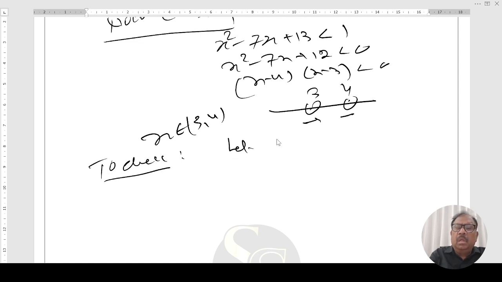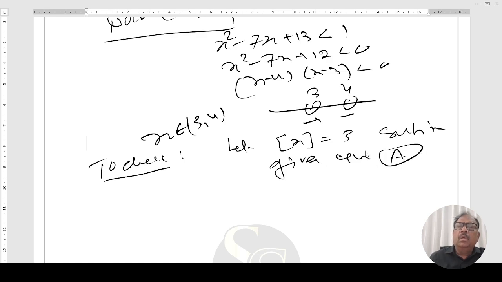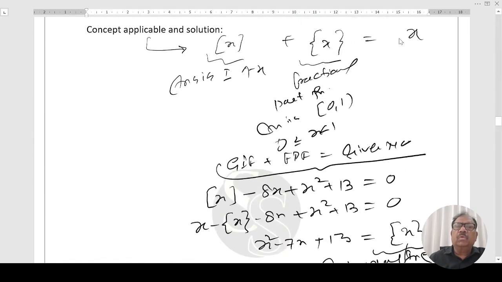Now, to check, let x equal to 3. Substituting in the given equation A. Which is equation A? The given equation.